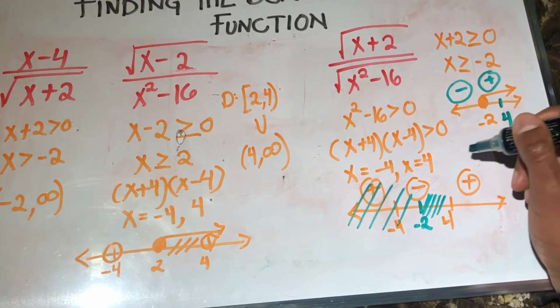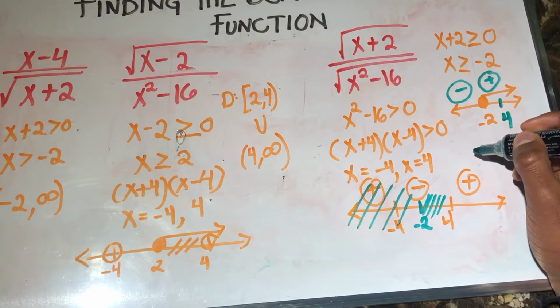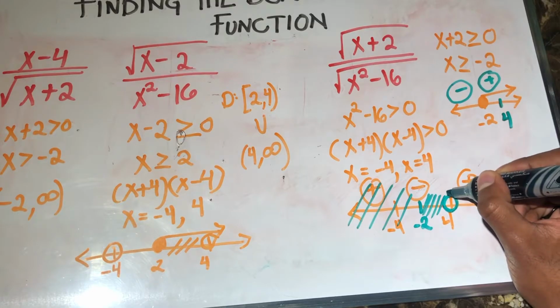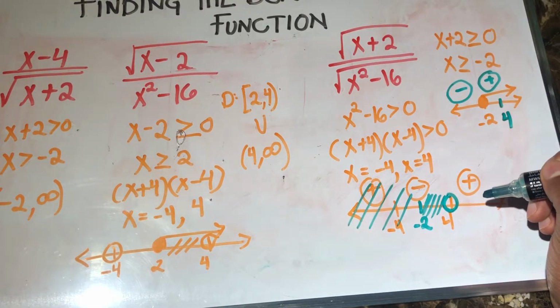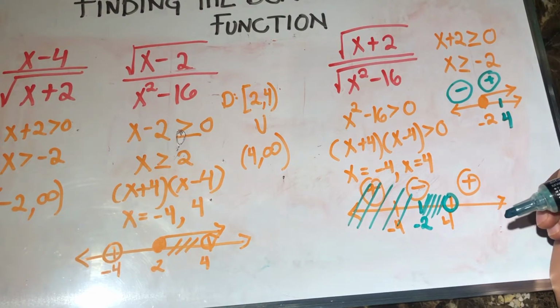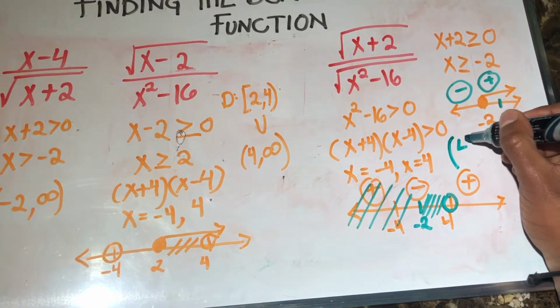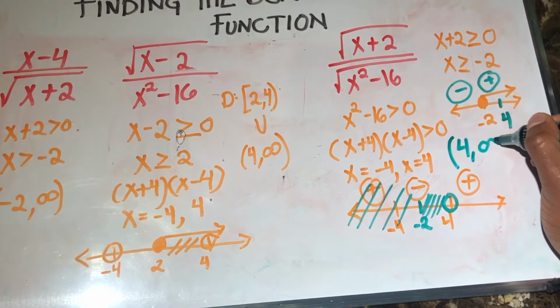However, 4 is not included. We must not forget to write that. Otherwise, our answer is going to be wrong. So it's going to be 4 to infinity.